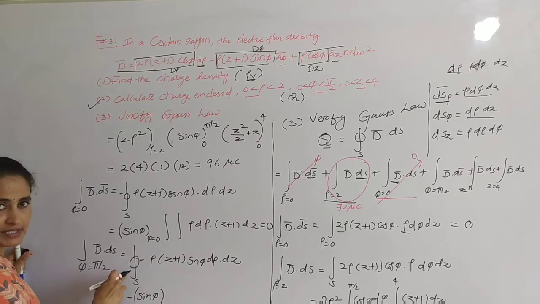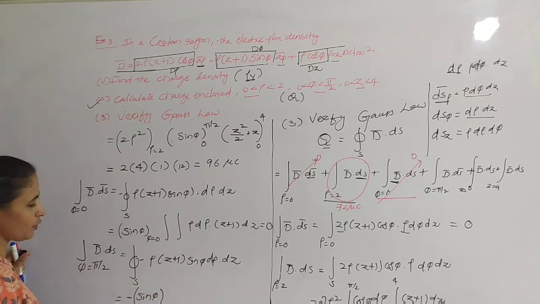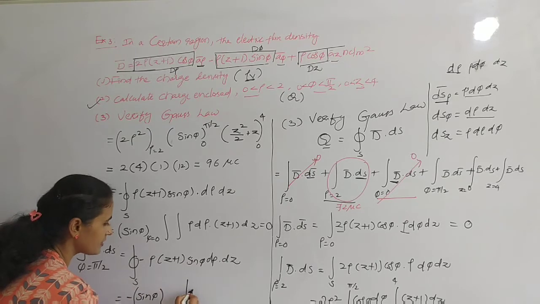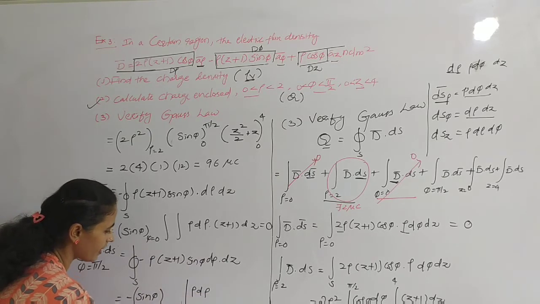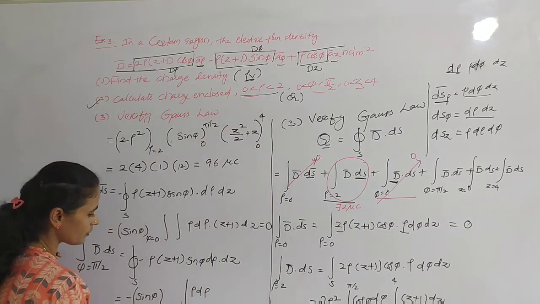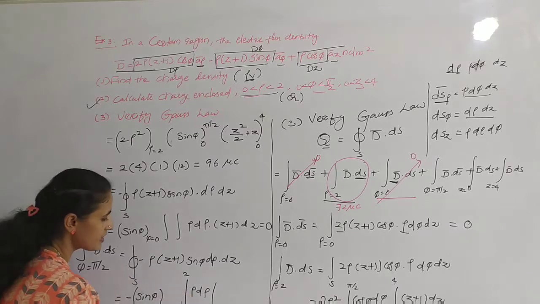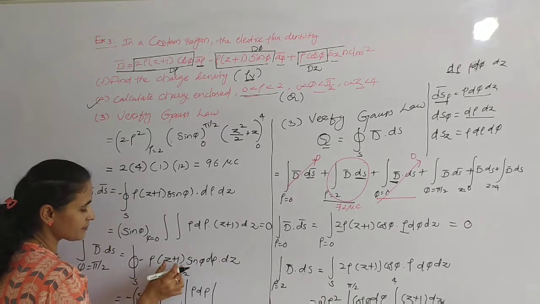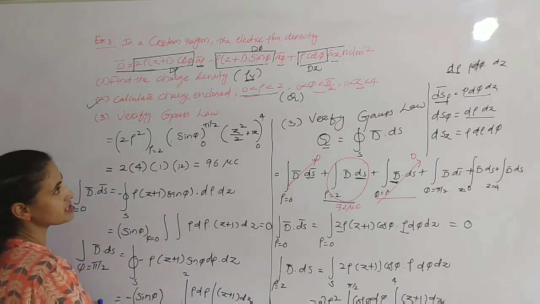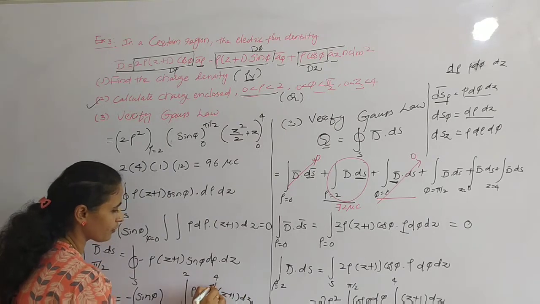Of the surface integral's two integrals, one goes for rho d rho, where rho ranges from 0 to 2, and the second goes for z plus 1 dz, where z ranges from 0 to 4.